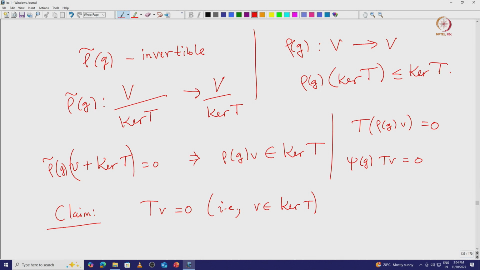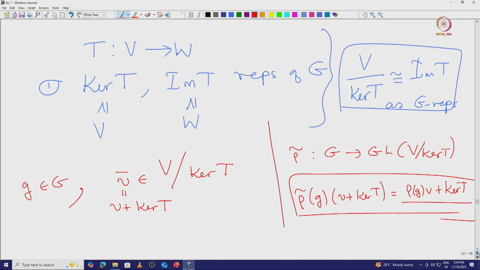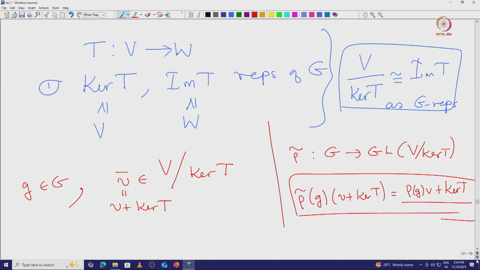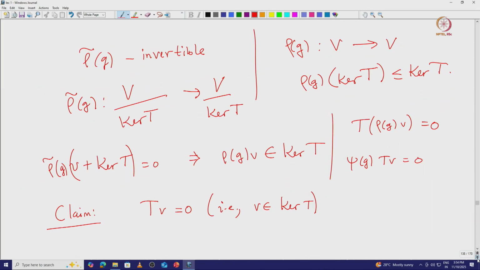So, now if we go back, T being the intertwining operator, you can see that T rho G is same as xi G T. So, that means we get these two things are equal.